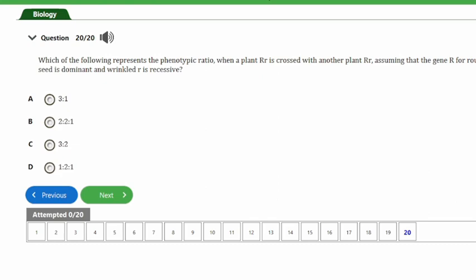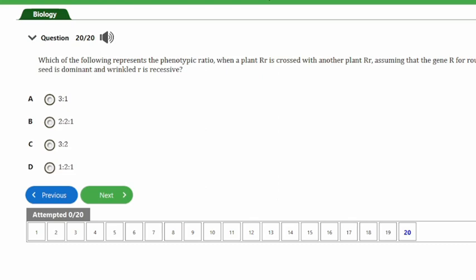Question number 20. It says, which of the following represents the phenotypic ratio when a plant Rr, that's heterozygous R, is crossed with another plant Rr, that's a heterozygous plant, assuming that the gene R, that's capital R, for round seed is dominant, and then wrinkled, that's the small r, is recessive. So guys, like I told you earlier on, when you have two heterozygous crossings, what you have genotypically is 1:2:1.